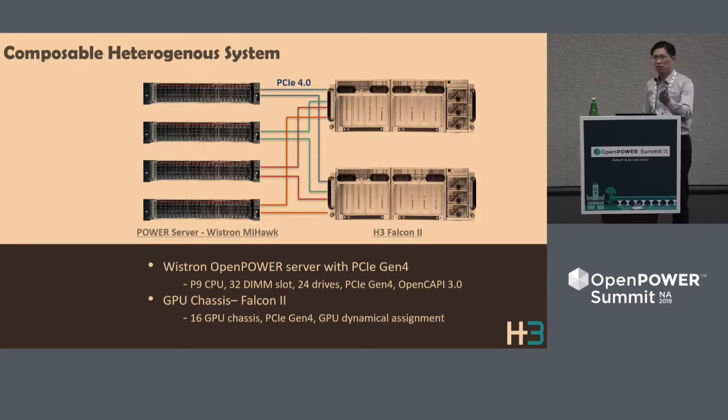Any questions? So you have a management VM running in any of those four systems or even outside. How are they communicating with the management processor inside the Falcon II? Is it in-band communication through the PCI links, or through TCP?